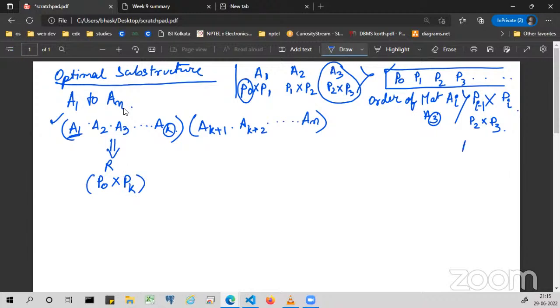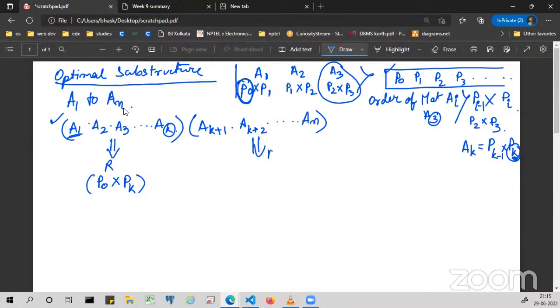AK's dimension would be PK minus 1 into PK. So when I multiply A1 with AK, the resultant matrix size is P0 into PK.